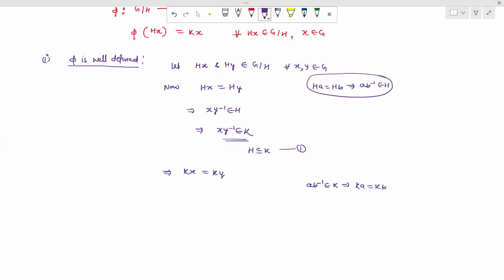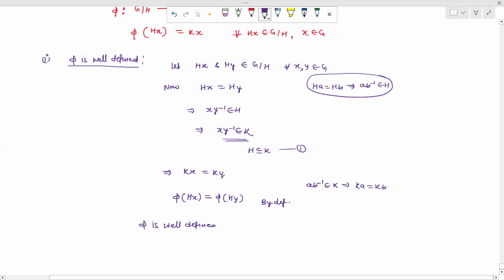So xy inverse belongs to K, so we can write Kx equal to Ky. So when Kx equal to Ky, by definition this can be written as phi of Hx equal to phi of Hy. So by definition, we can say that the function phi is well defined.